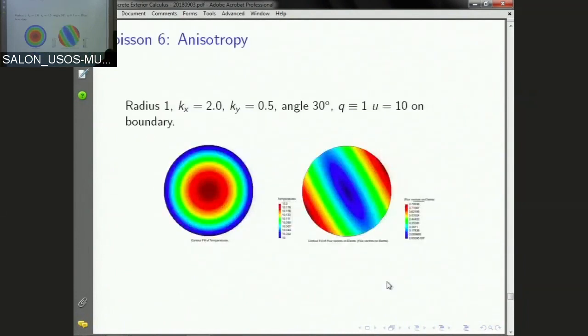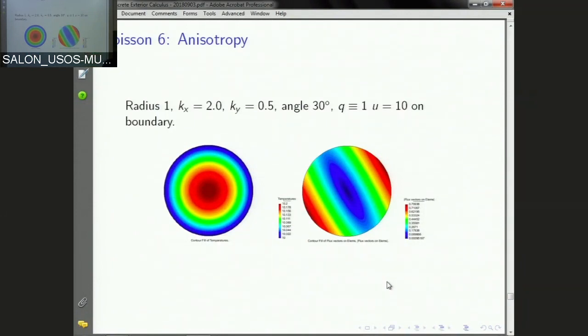Then another one. We decided to attack another problem that apparently has not been solved, which is how to solve the anisotropic Poisson equation with discrete exterior calculus. So we did it, and we found out how to do it, and the simulations come out like this.